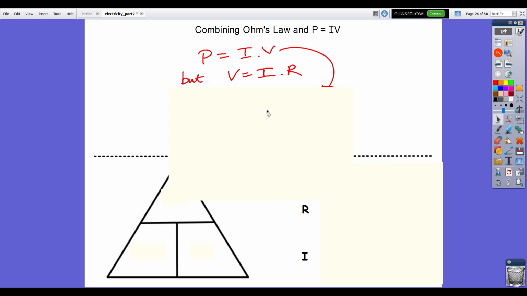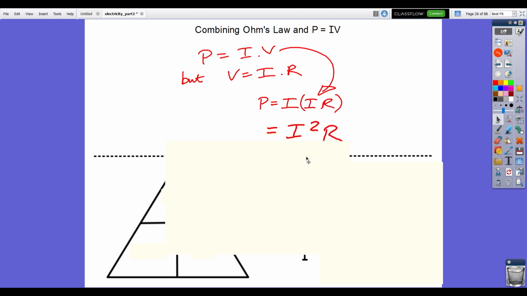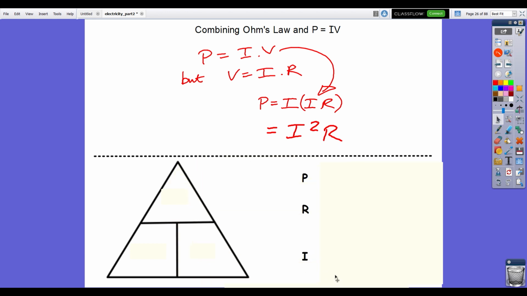If we take this V and replace it with IR, we end up with P equals I squared R. That's another formula you need to know. It's really another way of getting to the same route. You won't get different answers if you calculate the power either way.